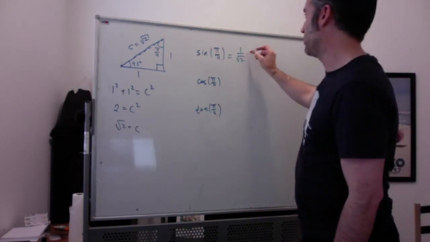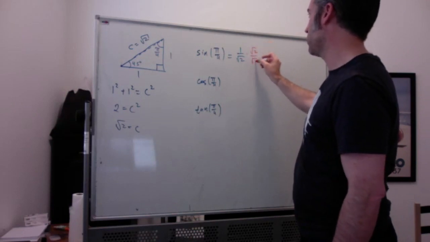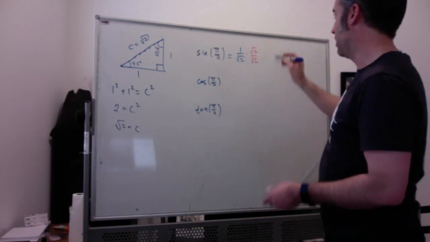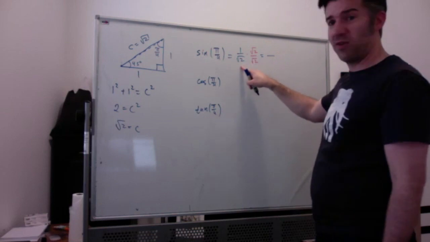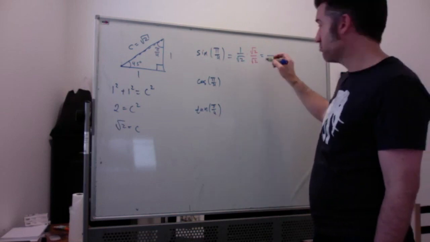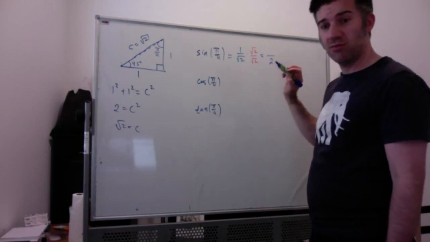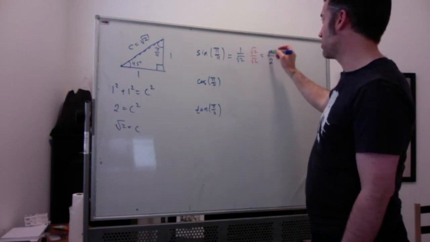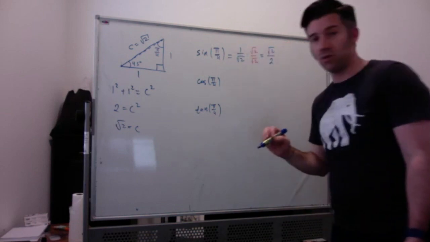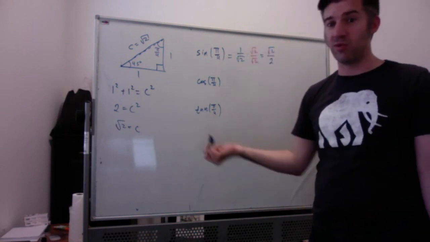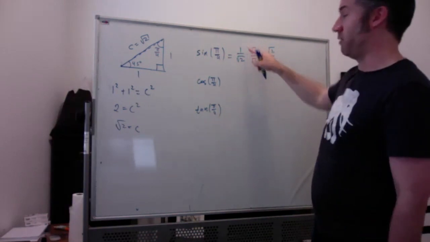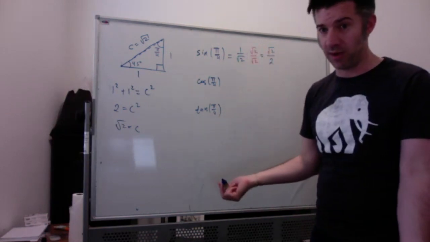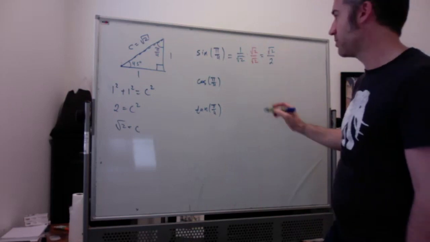We multiply this by the square root of 2 over the square root of 2. And what's square root of 2 times square root of 2? It's just 2. And 1 times square root of 2 is square root of 2. So usually we say sine of pi over 4 is root 2 over 2 instead of saying it's 1 over root 2. But either way would be correct. It's just that we usually rationalize.